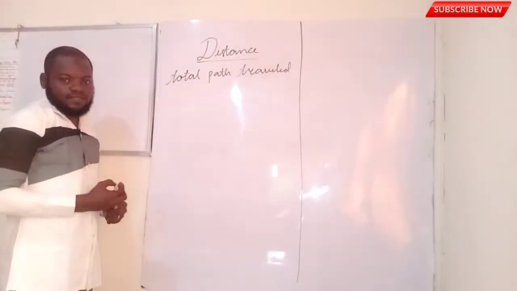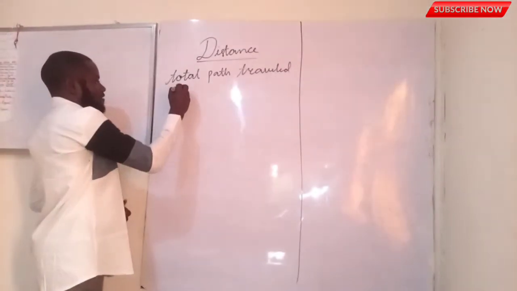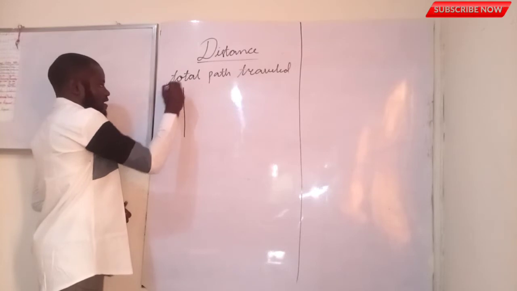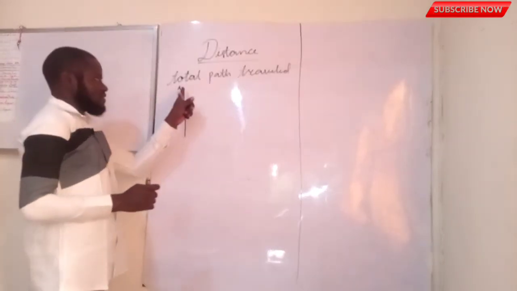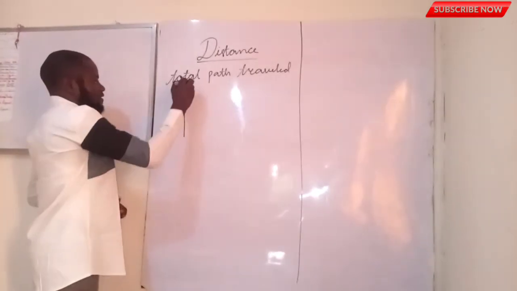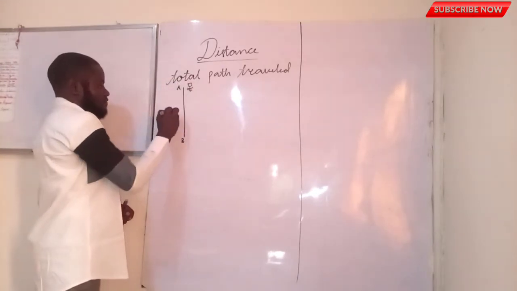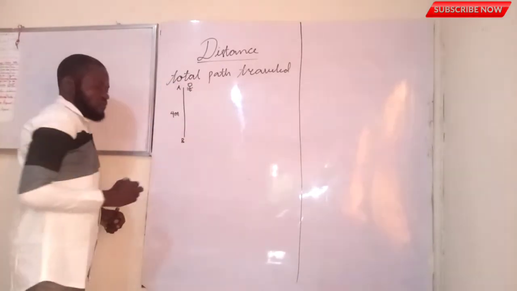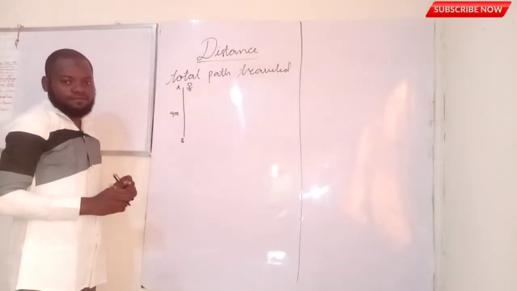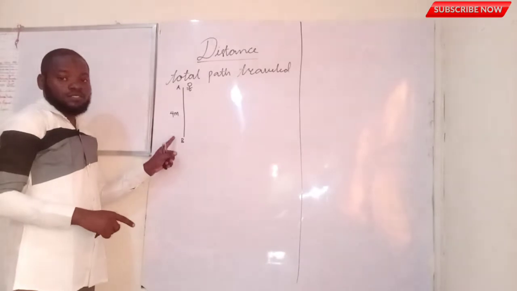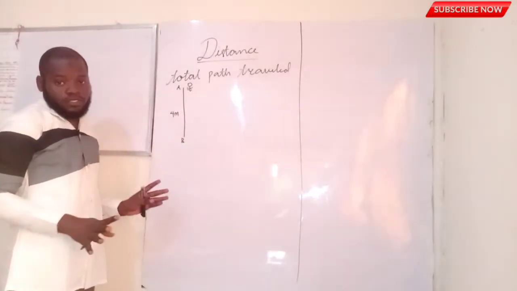Let's take for instance that I have a body, this is point A now. Then a body moves from A down to point B, which distance is 4 meters. Remember, literally, distance is the gap between 2 points.